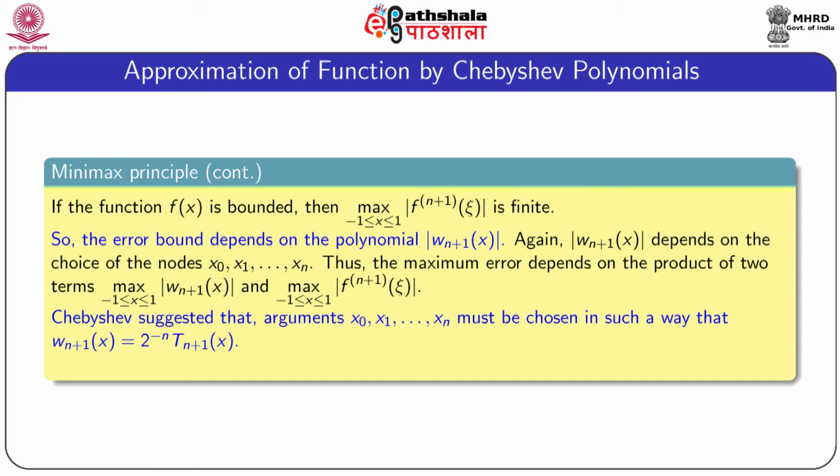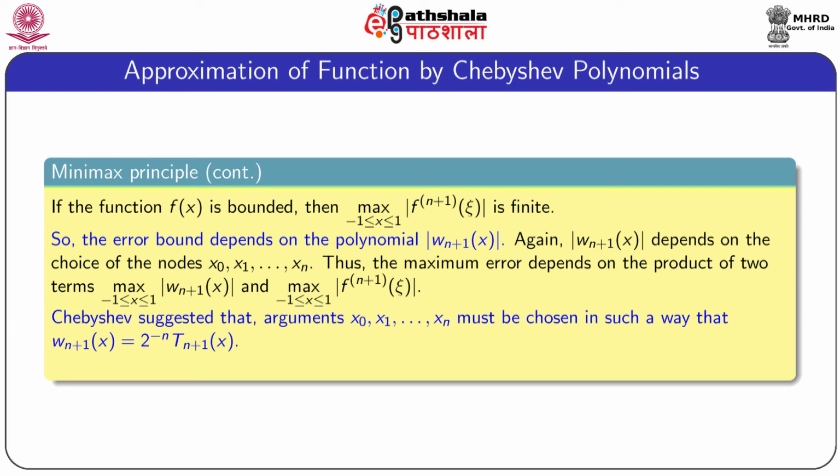But Chebyshev suggested that the arguments x0 to xn must be chosen in such a way that W(n+1)(x) equal to 2 to the power minus n into T(n+1)(x). Note that T(n+1)(x) is a polynomial of degree n plus 1.